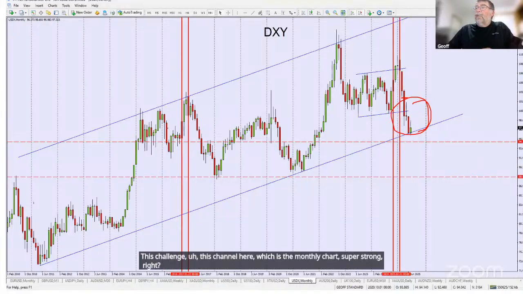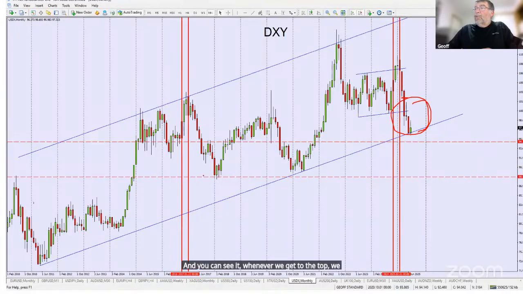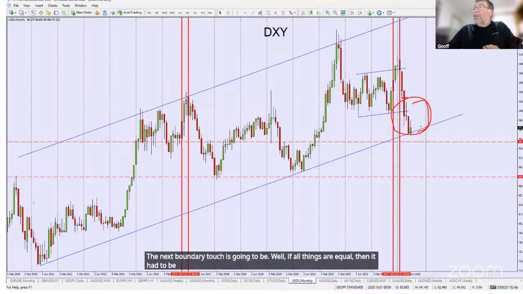And you can see it whenever we get to the top, we head towards the bottom, top to bottom, and ultimately we hit the bottom, ultimately we hit the top. So with that in mind, where would you think that the next boundary touch is going to be? Well, if all things are equal, then it had to be here, right?